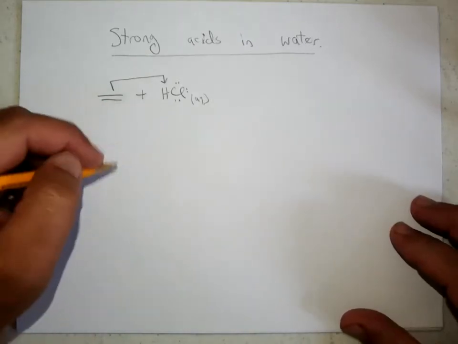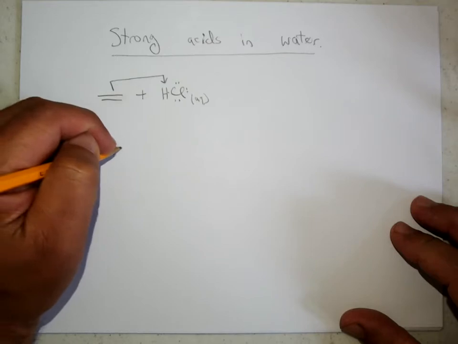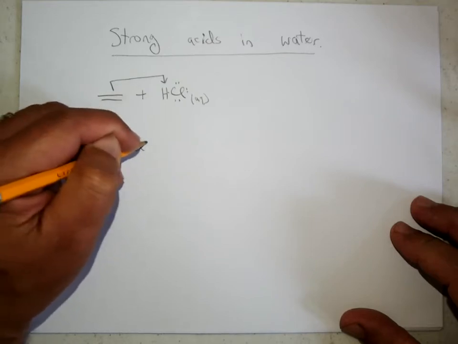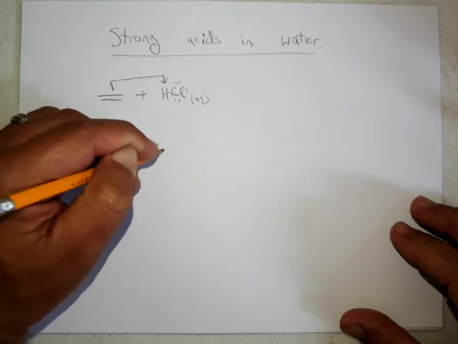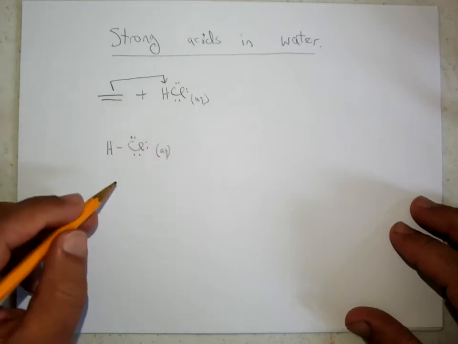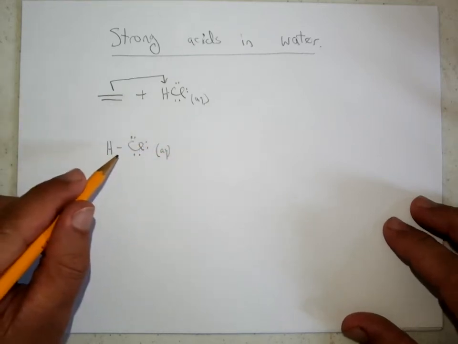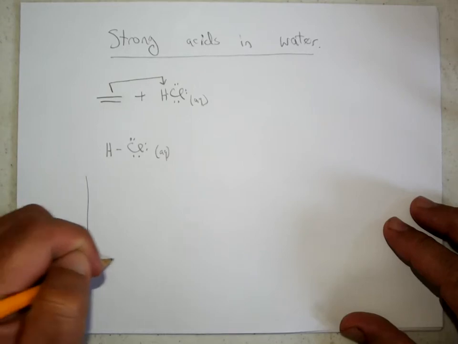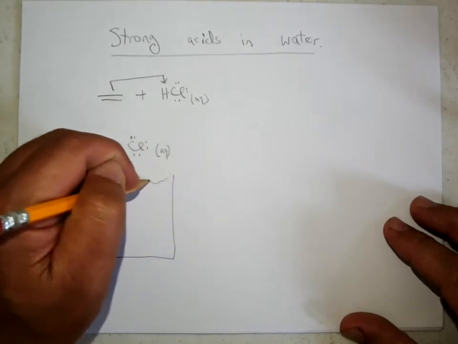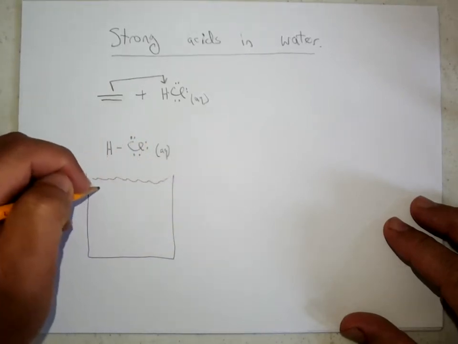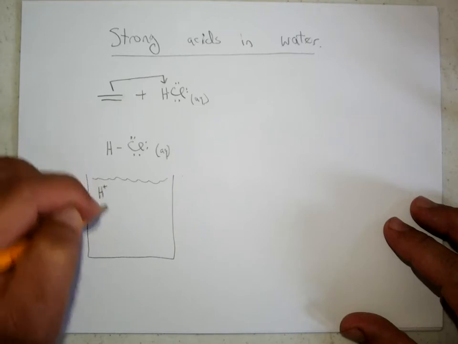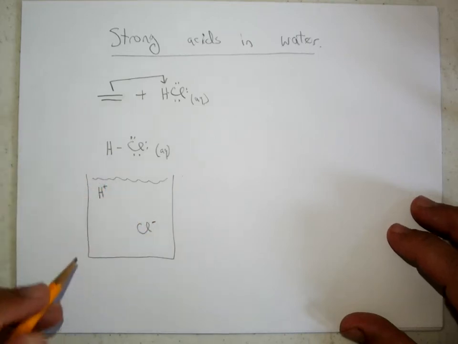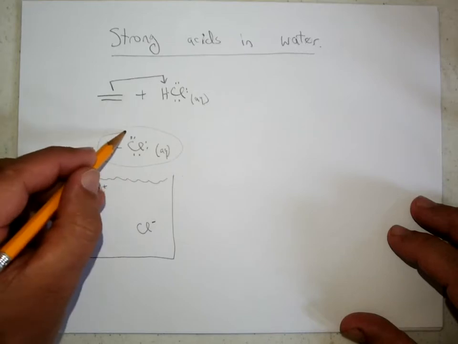But if you remember from general chemistry and from other things, if you have hydrochloric acid and it's dissolved in water, then that's going to dissociate. So if you have a solution of aqueous HCl and it dissociates into H plus and Cl minus, then you're really not going to have any HCl to react with.